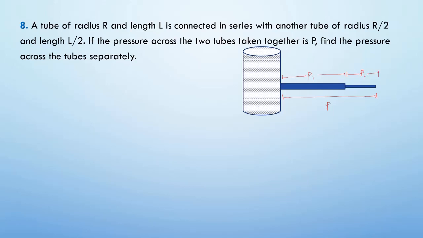Okay, so we know that the entire pressure difference P will be the linear sum of P1 plus P2. So P1 plus P2 will be the pressure difference between these two ends. Also, we know that the rate of flow through these two tubes will always be the same.